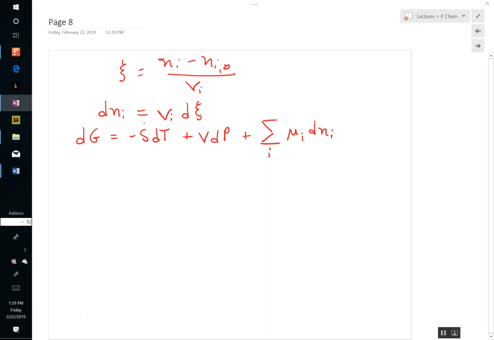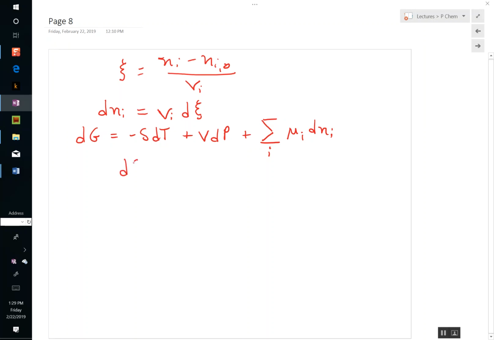Now right above it we have an expression for dn_i. If we limit this to constant temperature and pressure, that all falls out of there.